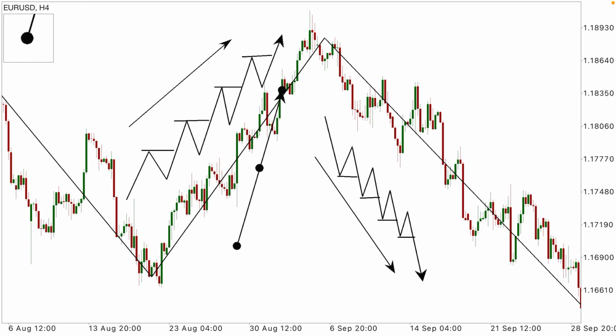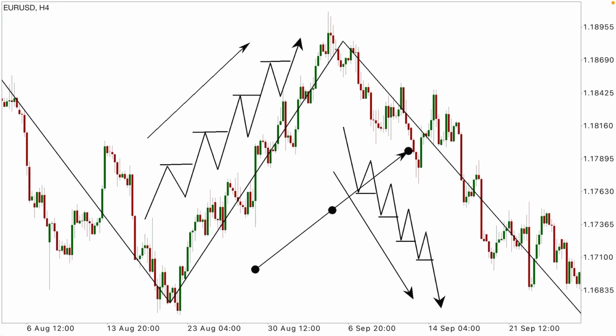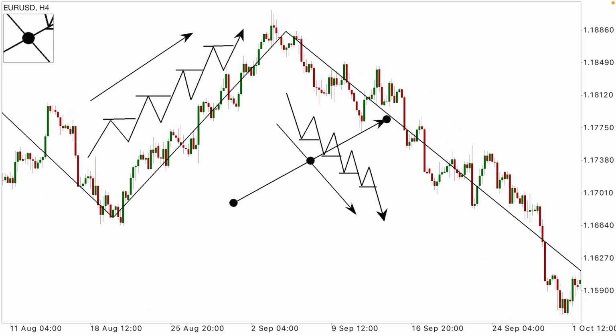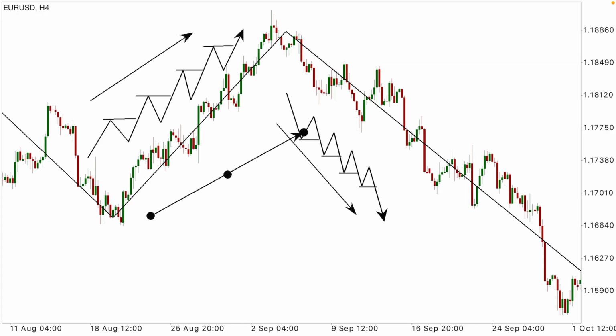And also in the bearish, there's a bearish market structure being created right here. You see a lower high, a lower low, lower high, lower low, lower high, lower low, which I have drawn here.